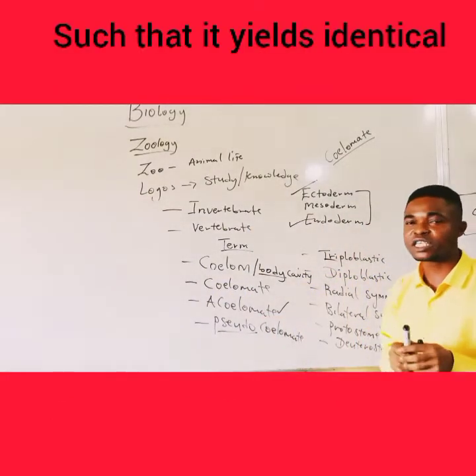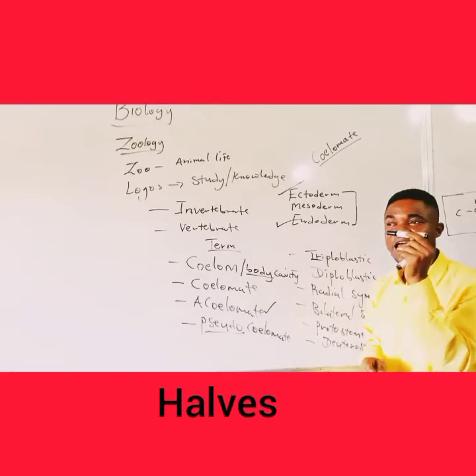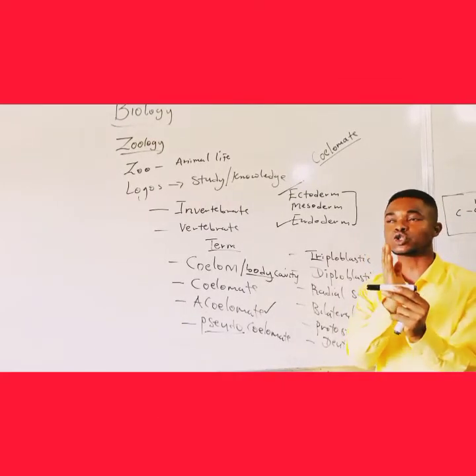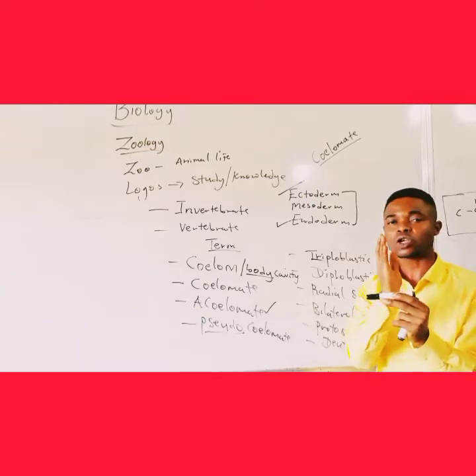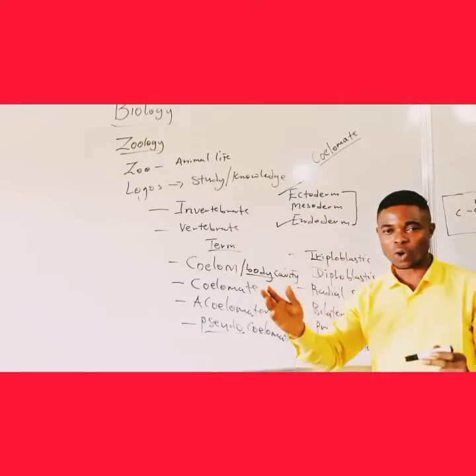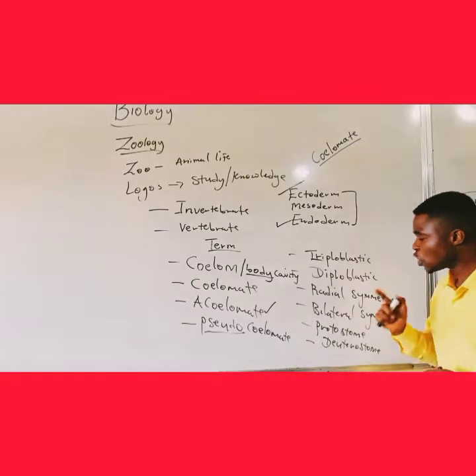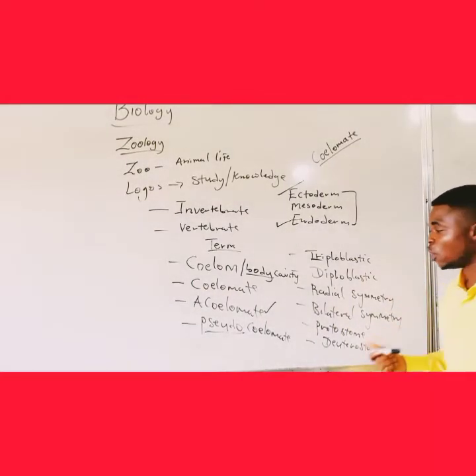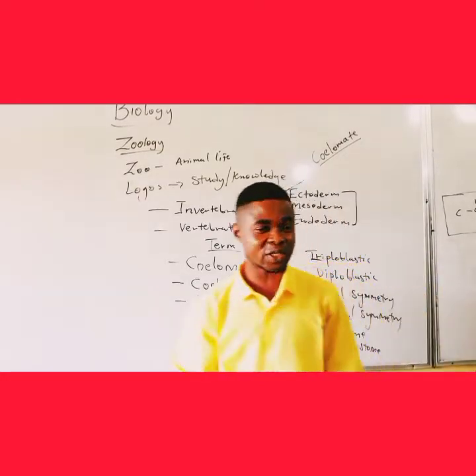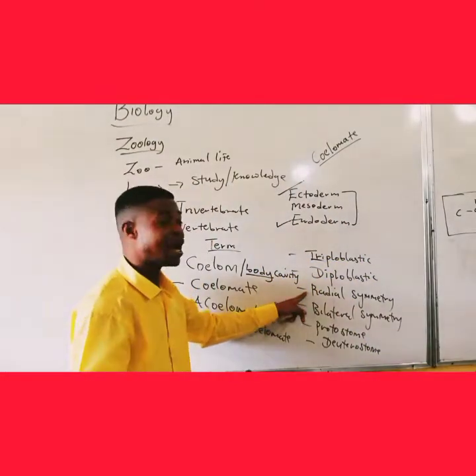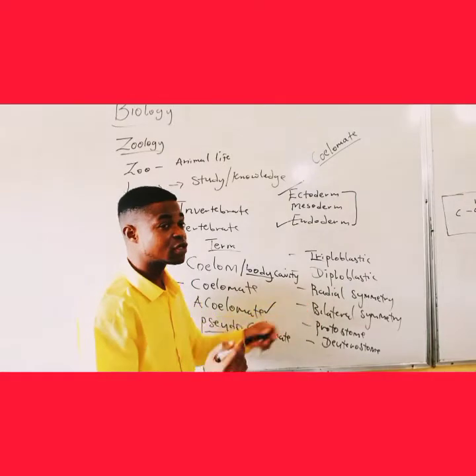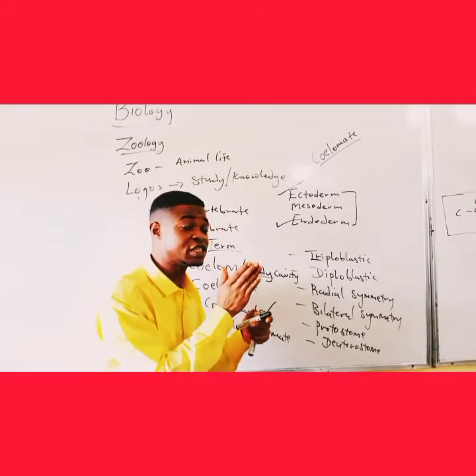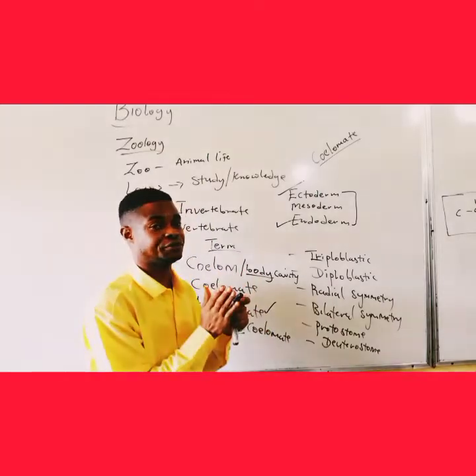So when an organism has a line that you can easily cut through to yield identical arms, such organisms are said to have symmetry. So what is a symmetry? It's a line that can cut through an organism to yield identical arms.